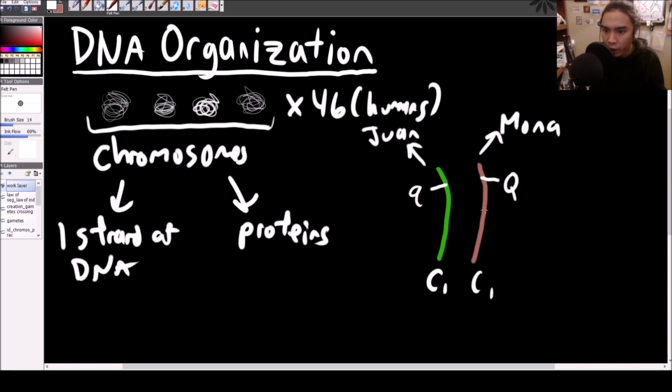Let's say we keep on going. Eventually we reach the gene for eye color. And let's say that Juan has black eyes, and Mona has black eyes too. So the gene for eye color is at the same location, which makes sense because it's the same chromosome, and they just happen to have the same allele there.